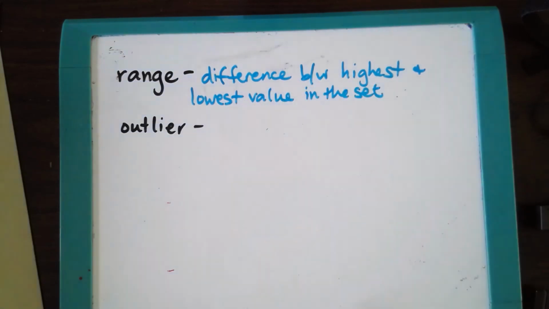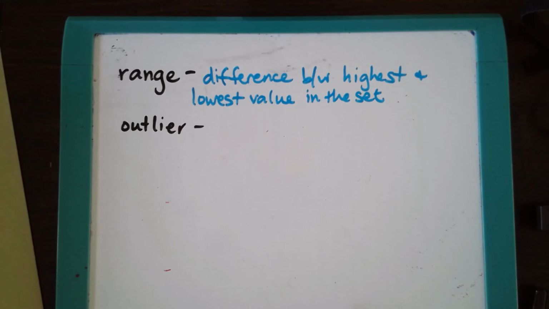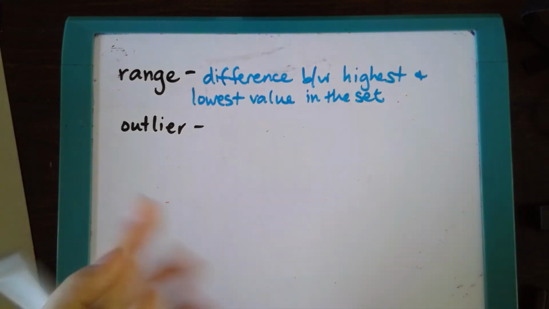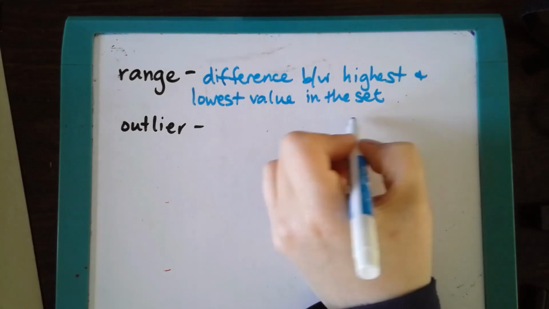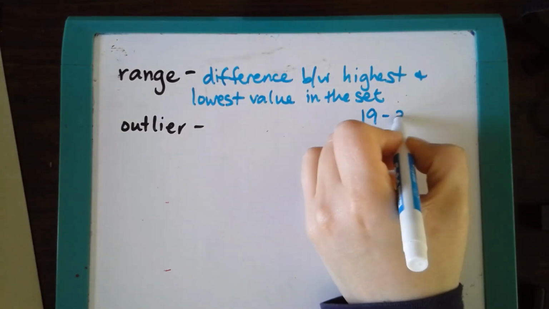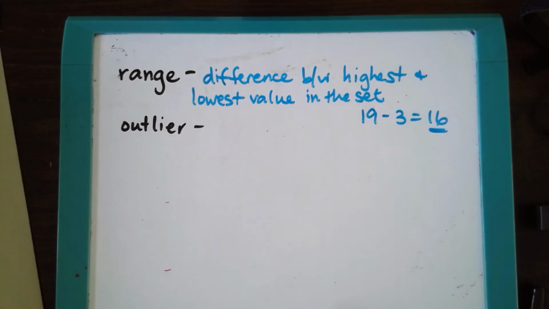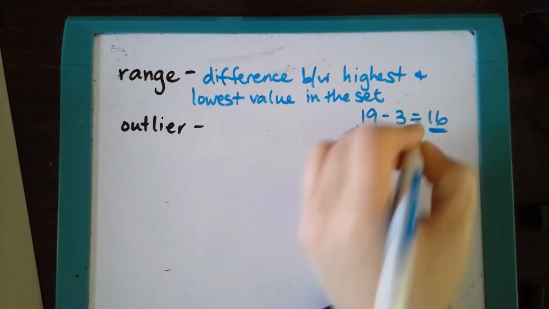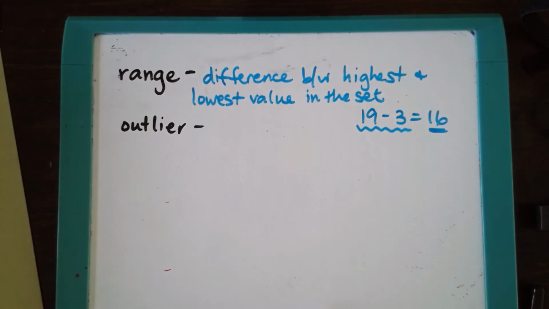Okay, so in our set of data, if we look back at the last data, when we put everything in order for our median, our highest value was 19, and our lowest value was 3. So we had a range of 16. Personally, I think that this part of the range is much more informative than this part of the range.